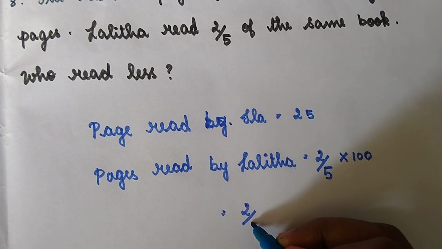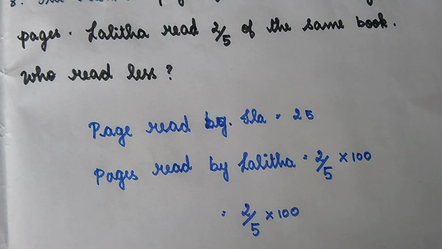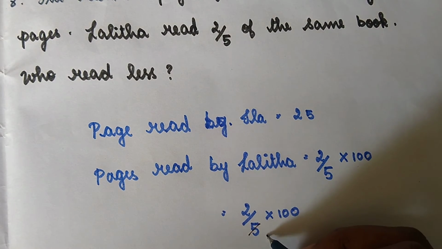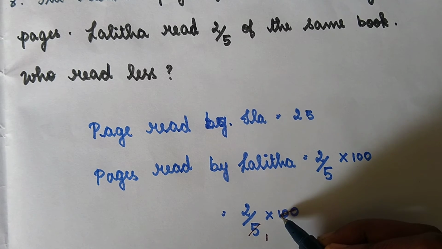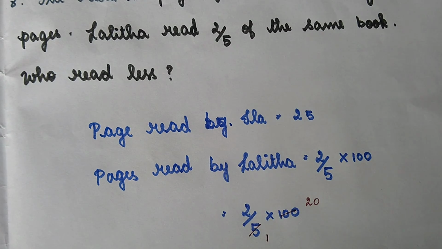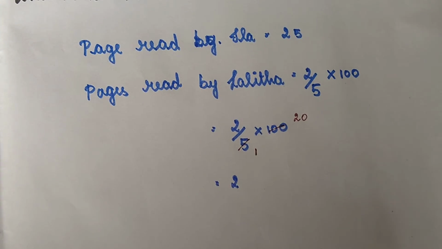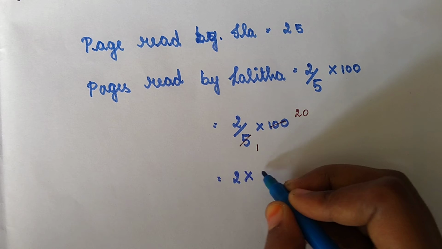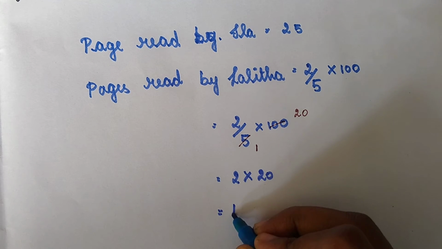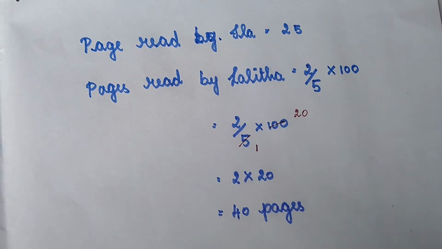Next we have to reduce this. We have to cancel this number. Cancel in 5 table: 1 five is 5, then 5 twenties are 100. We get 2 into 20, 2 twenties are 40. 40 pages read by Lalita.